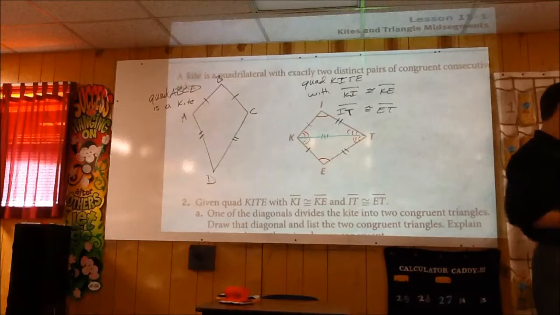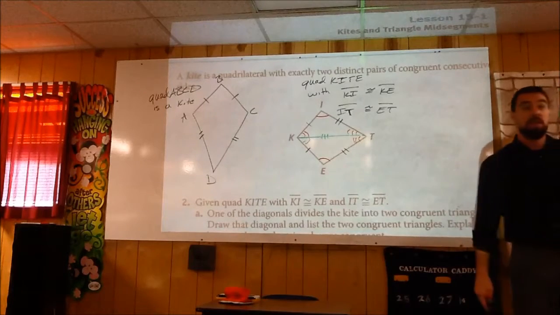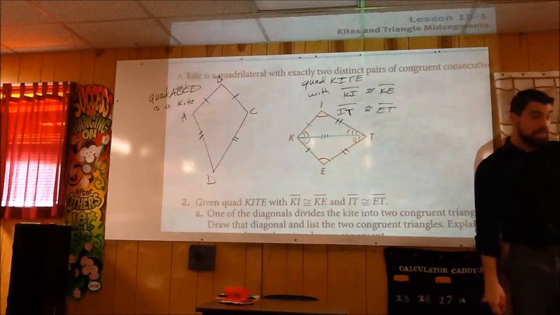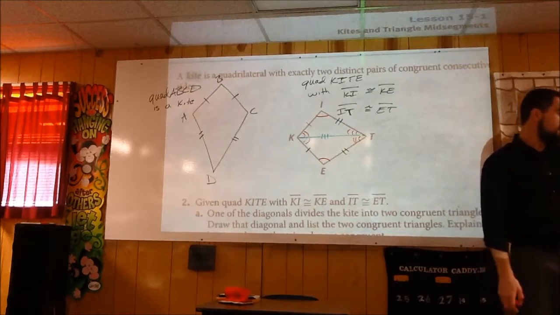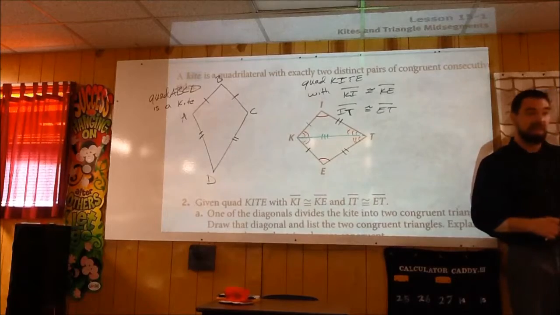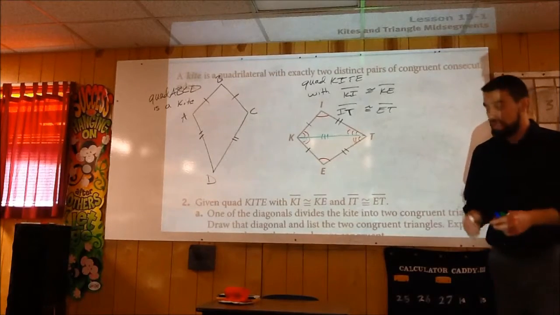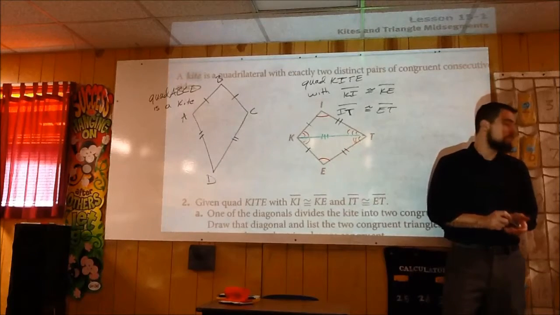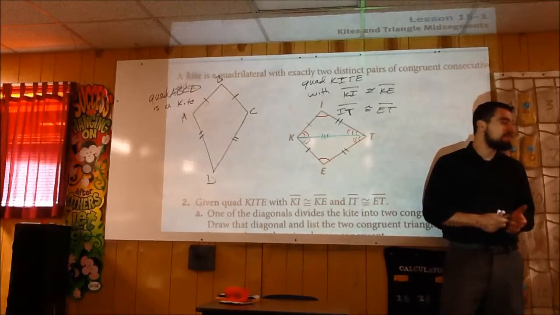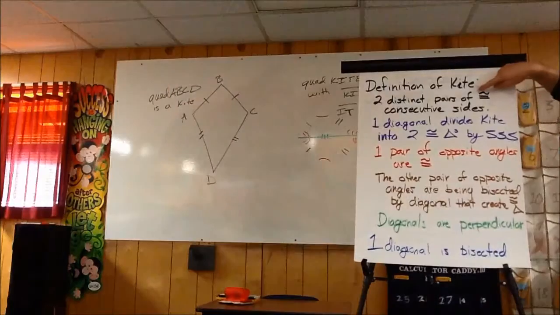That one pair of opposite angles are congruent. You need to be able to identify which pair of opposite angles. And then the second thing is that the other pair of opposite angles are being bisected. Well, what are they being bisected by? It's the diagonal that creates the two congruent triangles. So this is the definition.